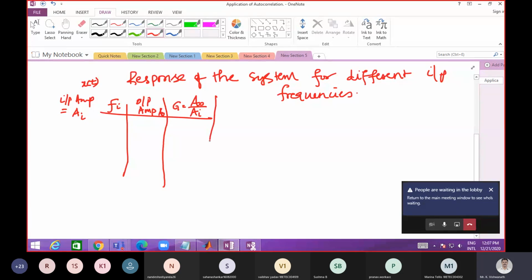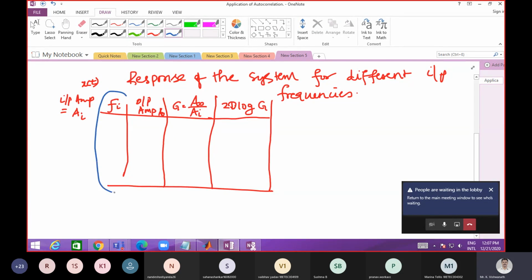Then you plot this for convenience. You will plot 20 log to base 10 of g. Now you will consider these two parameters, that is the frequency versus this column.